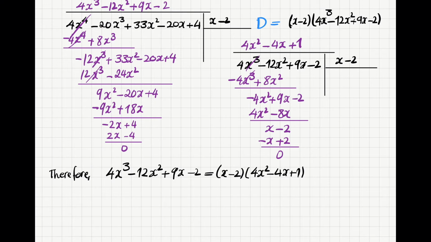But hopefully you can also immediately recognize that this is a quadratic rule. So this can be written as x minus 2, 2x minus 1 to power 2. Yes? Because then the first one to power 2 gives me 4x squared. 2 times the first one times the second one will give me the middle term, and this one to power 2 gives me the positive 1.